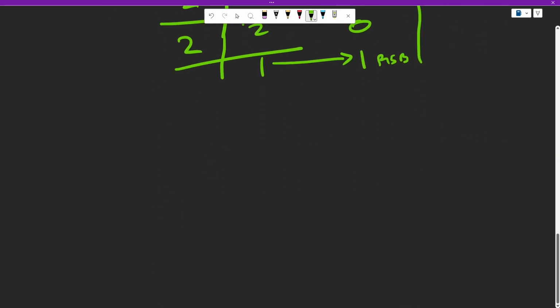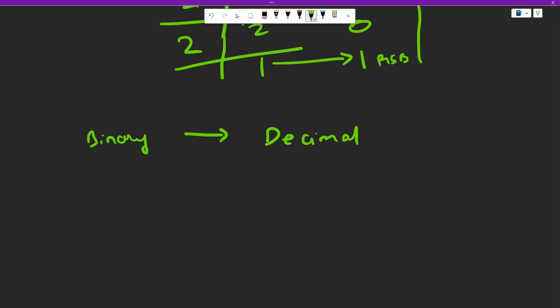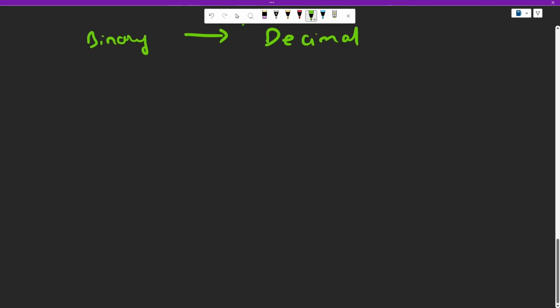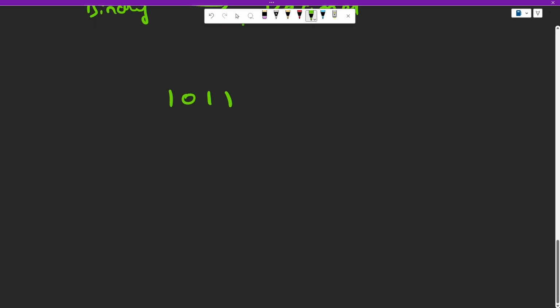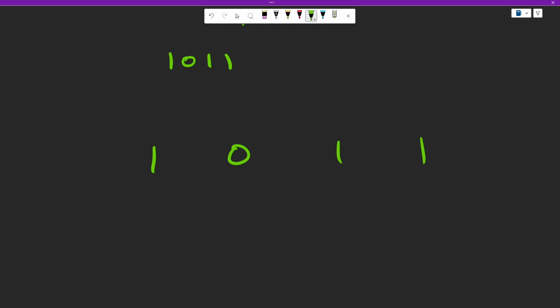Okay, now let's say we are given a binary number and we need to convert it into a decimal number. How are we going to do this? Let's say we have 1011. We will start from the least significant bit.